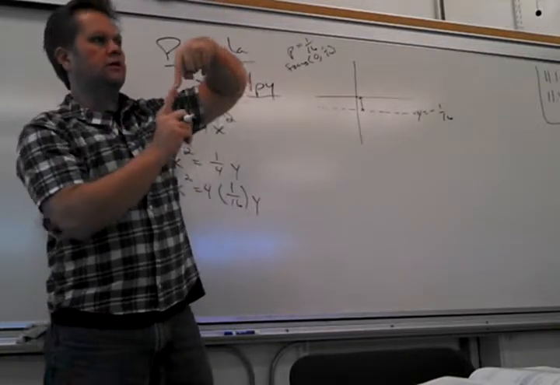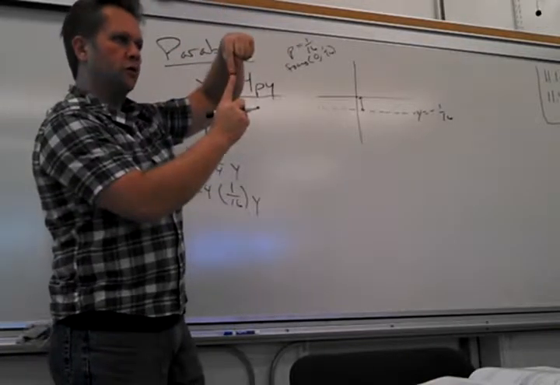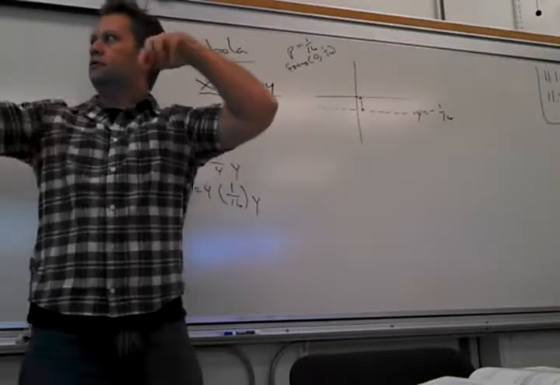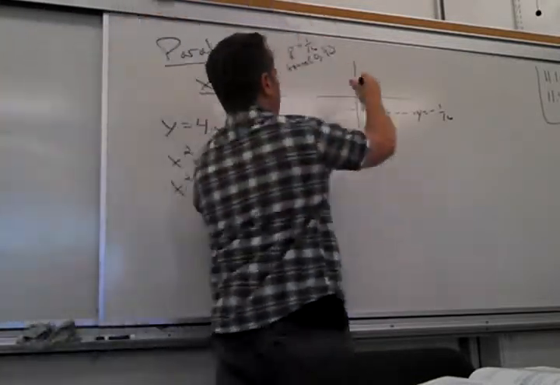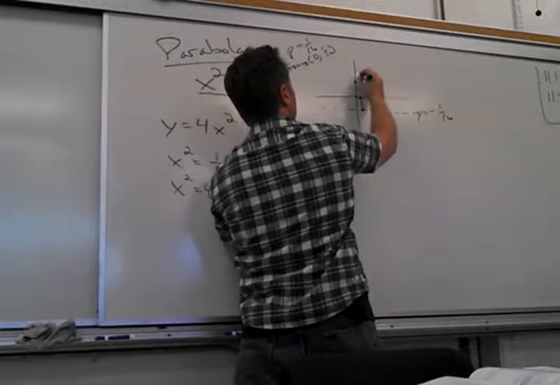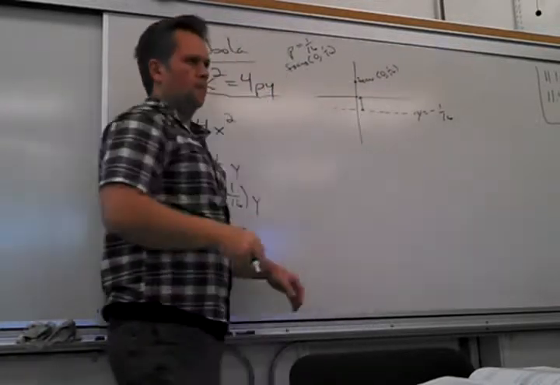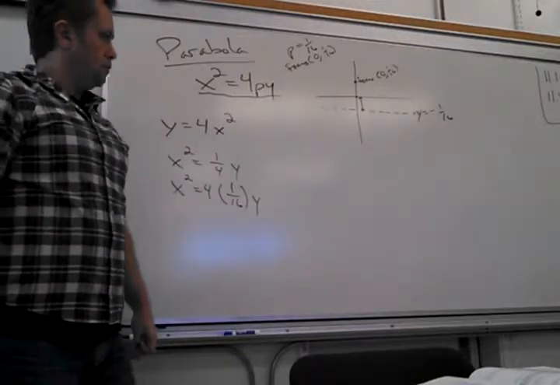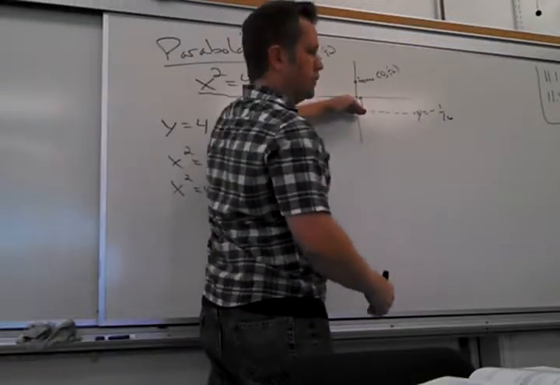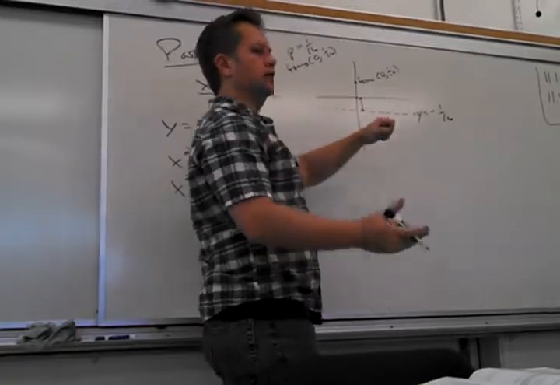Like Chris said, it's the closest approach in a way, like the Earth in the earlier example. So here's my focus, at 0, 1/16. Why is the directrix at negative 1/16? Because it's got to be on the other side. It's an imaginary straight line. Exactly, the directrix.